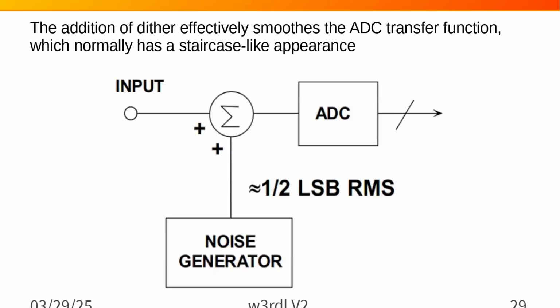The percentage of time that it's either above or below is going to average out and give you approximately a half a least significant bit of additional accuracy. Because now you're kind of doing an analog of proportionally where it is in the range.